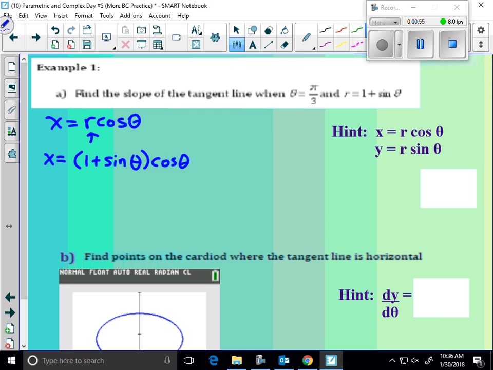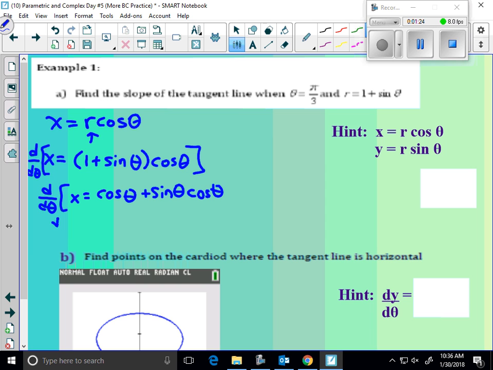Okay, so now if I want dx d theta, I would take d theta of both sides of this. What I would probably do is, before doing that, I would distribute. And I'd get cosine theta plus sine theta cosine theta. So it looks like I'll have to do some product rule there, but it's not difficult.